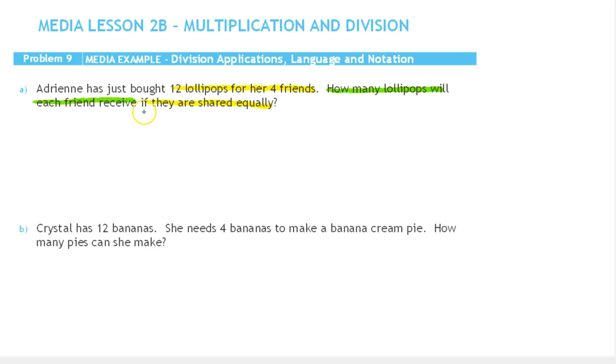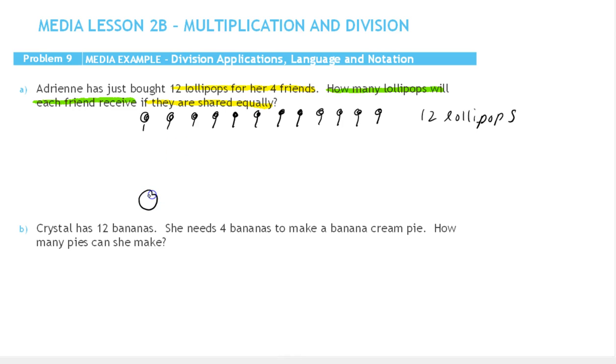I'm going to draw lollipops. There's 1, 2, 3, 4, 5, 6, 7, 8, 9, 10, 11, and 12. So these are our 12 lollipops. Okay, and now she has 4 friends.